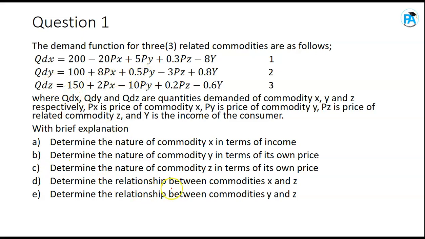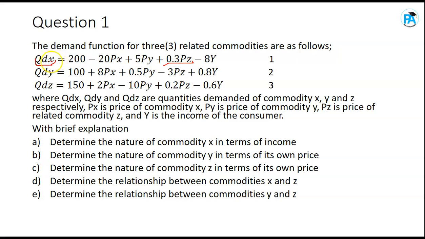Question D says, determine the relationship between commodities X and Z. Now, to determine the relationship between them, they want you to tell if it's a substitute or complementary good. So what you are going to do is check commodities X and Z. You go to quantity demand of commodity X, then you go to price of commodity Z, because you are comparing two commodities X and Z. So you just check the quantity on one equation.